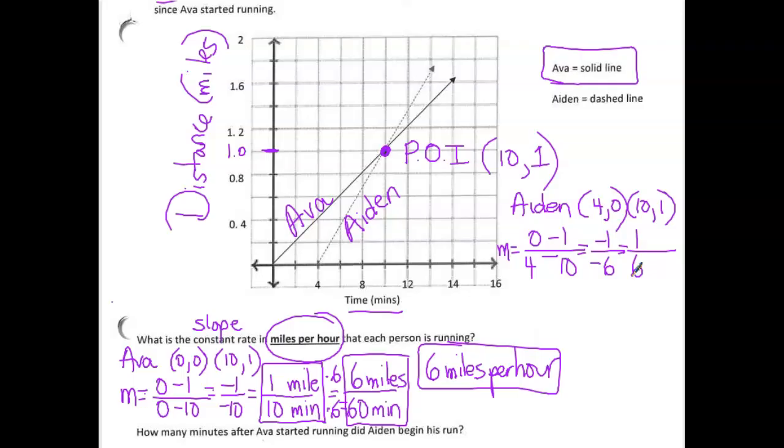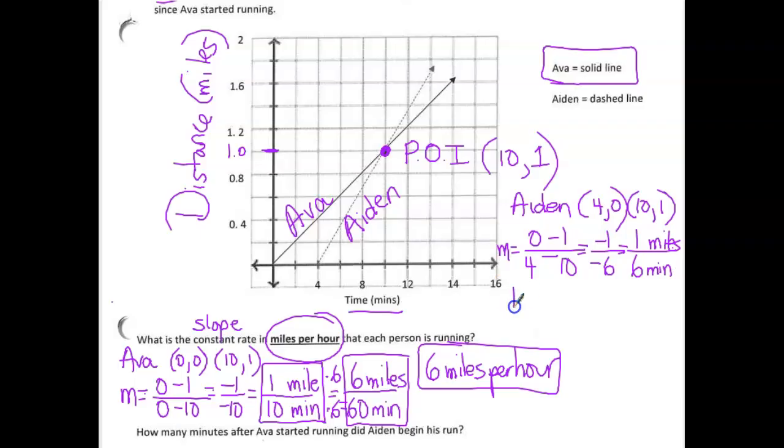And following suit, just like the last one, the 1 is the y-axis, which is miles. And the denominator is 6 minutes. However, remember, they do not want it in miles per minute. They want it in miles per hour.